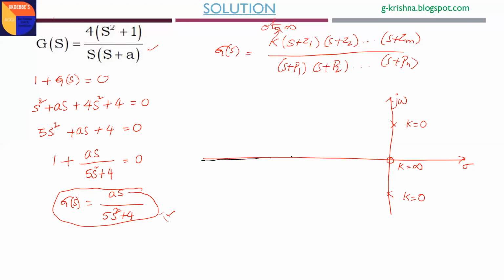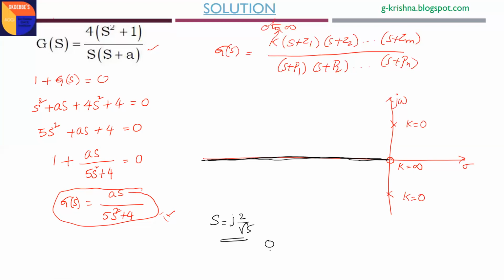If you select any point between 0 to minus infinity, on the right hand side the number of open loop poles and zeros will be an odd number, that is 3. Hence the root locus lies between 0 to minus infinity. Now you should know the angle of departure of this imaginary root. The imaginary roots are actually ±j2/√5.